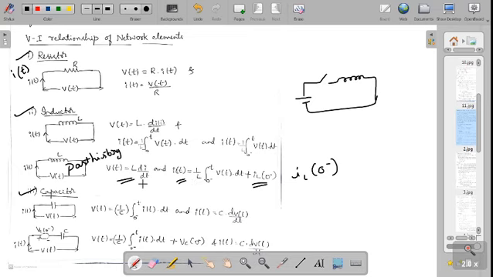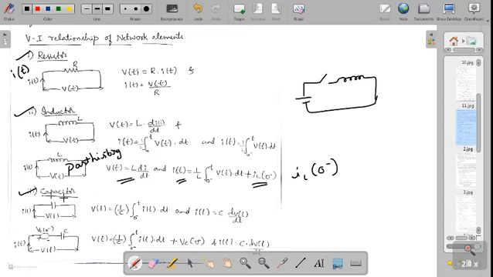So if there is no past history of the inductor, then the earlier equation is sufficient. If there is a past history, that is, if it is carrying current already, then you need to add this extra term into the equation.